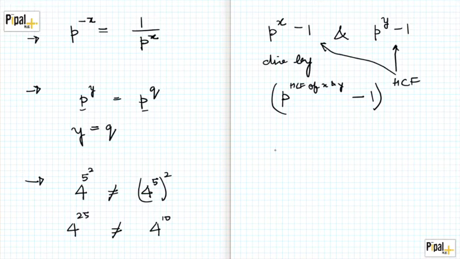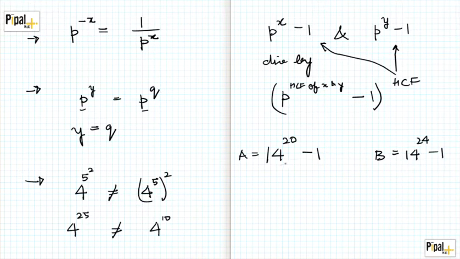Let's take an example. Let's say you have 14 to the power 20 minus 1, this is number A. Then you have a number B such that it is 14 to the power 24 minus 1.